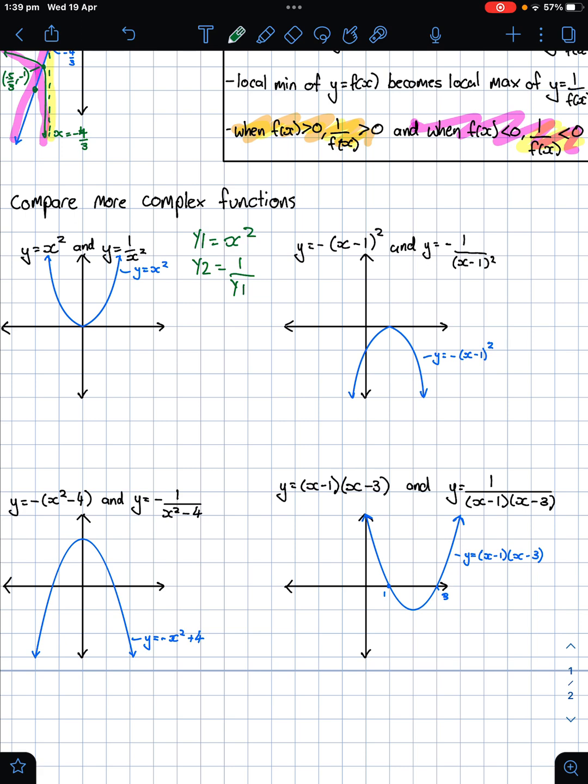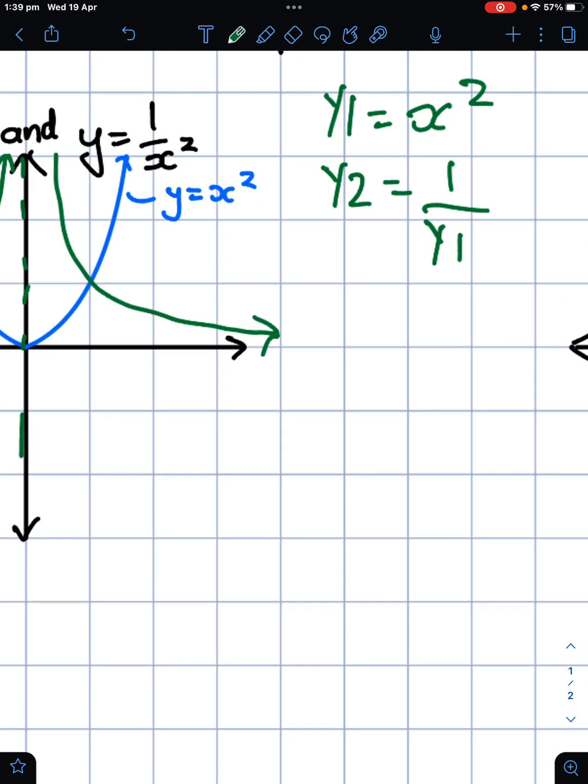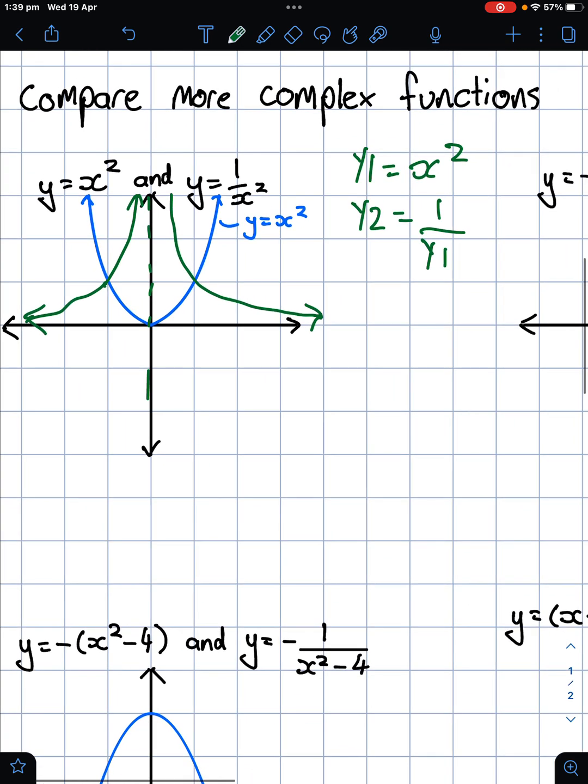Now this here, I get this asymptote at 0, and I get a function that goes like this.